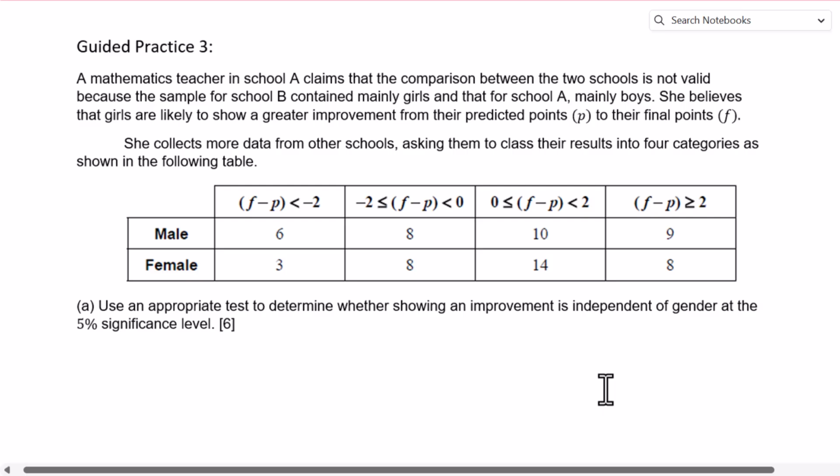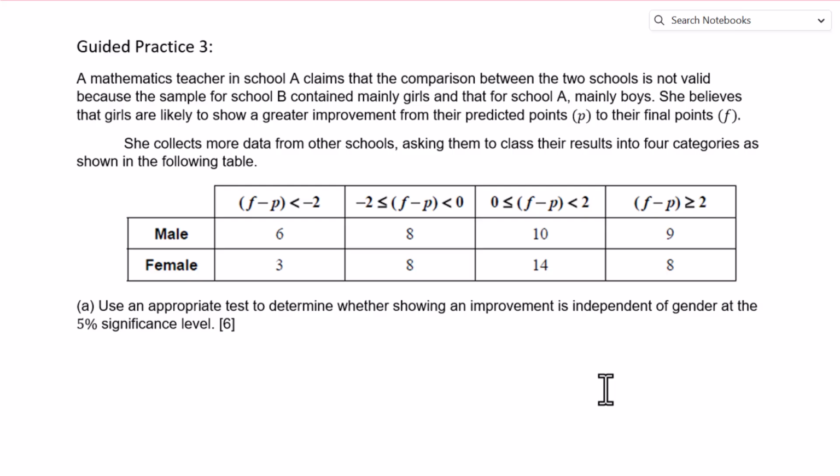Let's go to guided practice 3. A math teacher in school A claims that the comparison between the two schools is not valid because the sample for school B contained mainly girls and that for school A mainly boys.